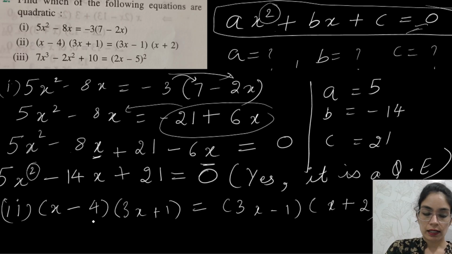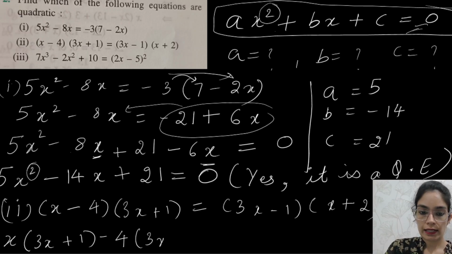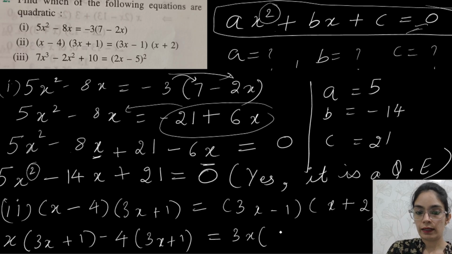So two brackets are there, we will multiply the brackets. First of all we'll write the first term of the first bracket, then the full second bracket 3x plus 1, then the second term, which is minus 4 into 3x plus 1. Same way we will do here also. First term of the first bracket, then the full second bracket x plus 2, then the second term minus 1 into x plus 2.